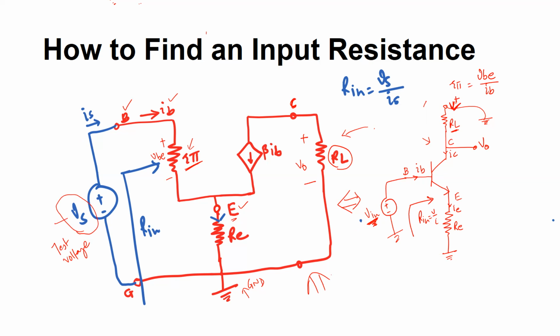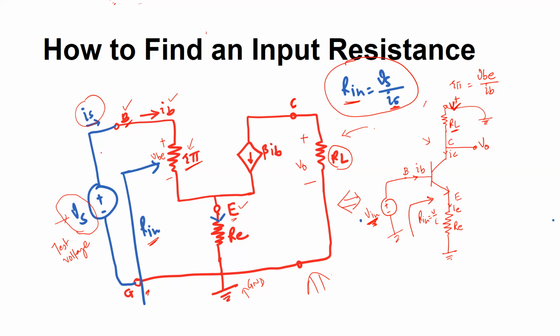Rather, you apply the test voltage across the base with respect to ground, and because of that, current flows into the circuit, and the ratio of this test voltage divided by the current is going to be your Rin. So Rin has to be found.